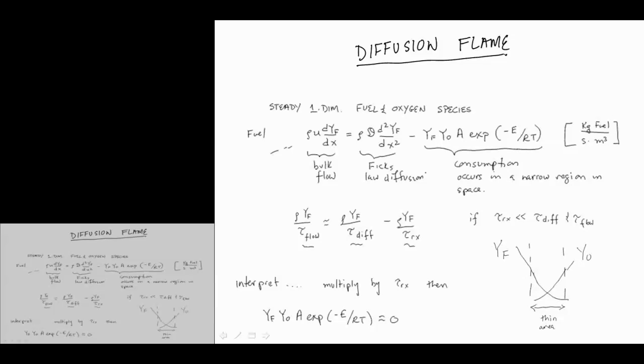So this is species conservation, and let me walk you through what this means. This equation is a one-dimensional formulation, steady, and it tells us in this 1D Cartesian geometry that there's a bulk flow process for the mass fraction of the fuel, there's a Fickian law diffusion process, and there's a consumption process that occurs somewhere in space.